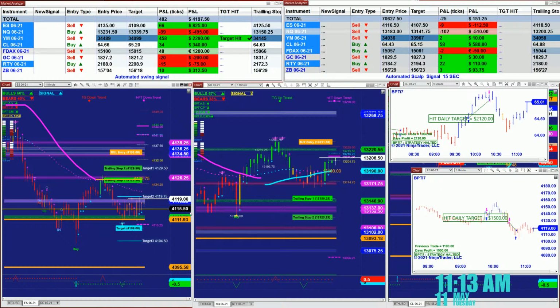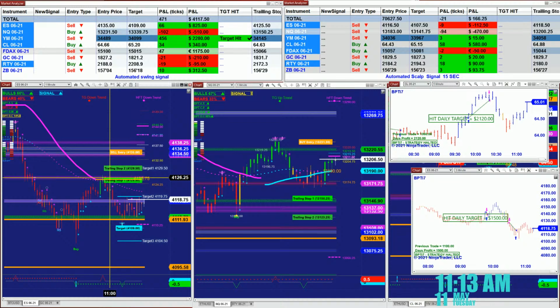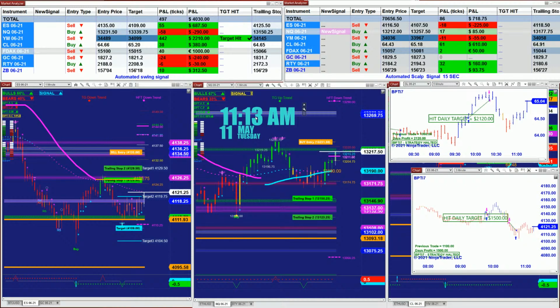So as we see right now here, this market is not tradable, neither long nor short. It's finished. And this is where a trader looks at the clock. It's 11:13. If you caught a trend today, whether you are auto trading or manual trading, you caught a trend in the morning. And right now, there is nothing.